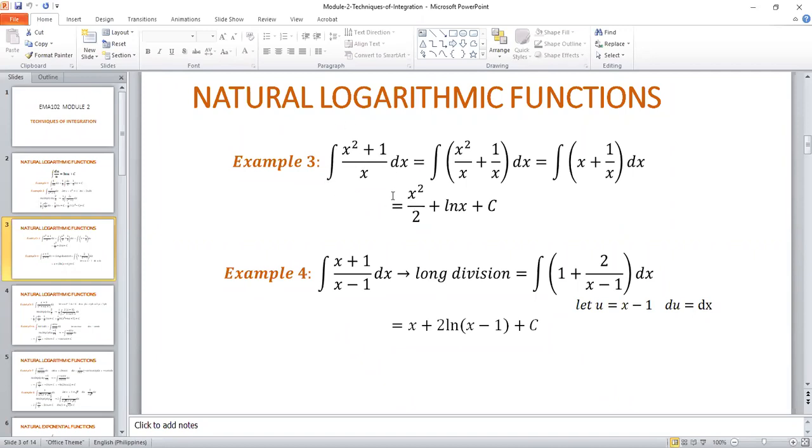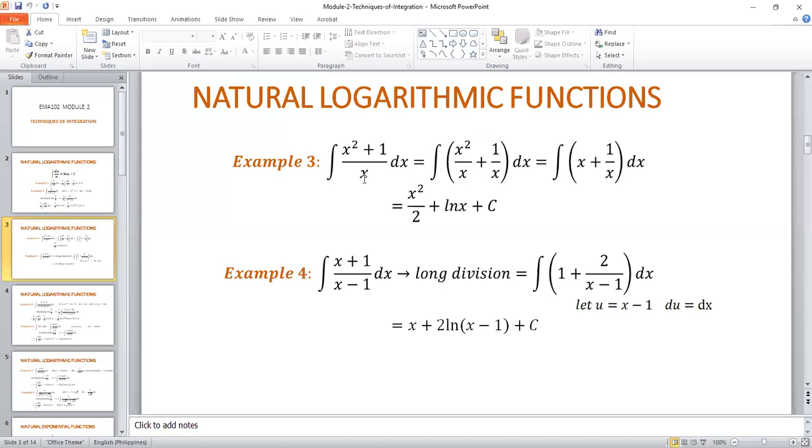I think your fundamentals in your senior high school mentioned, or if you can still recall it, that whenever the degree of your numerator in your rational expression is higher than that in the denominator, you will do first division. So you need to divide first. So you divide the numerator by the denominator. So this is what's done here.